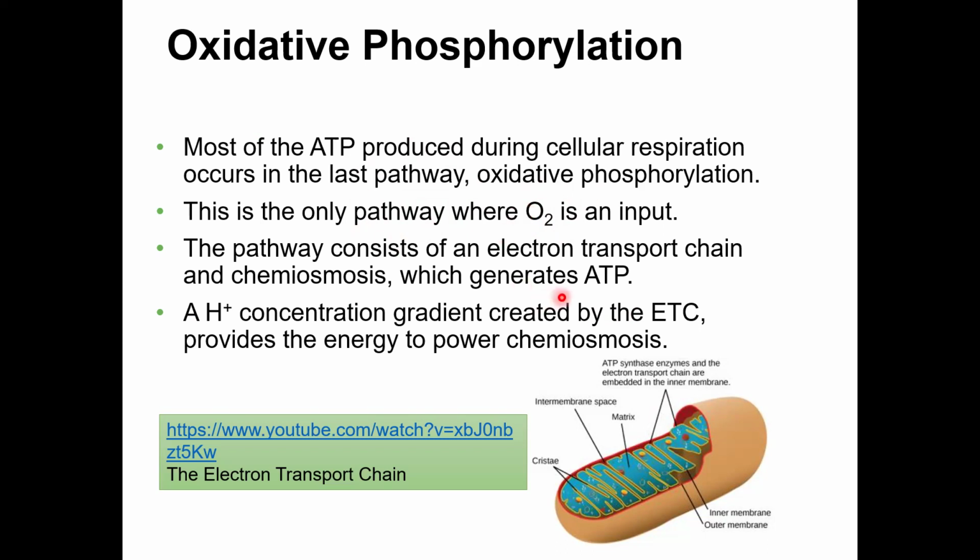This pathway consists of the electron transport chain and chemiosmosis, which allows the generation of ATP. The hydrogen concentration gradient created by the electron transport chain provides the energy and power to get chemiosmosis up and running.